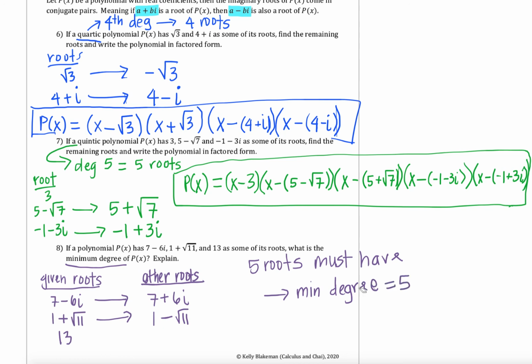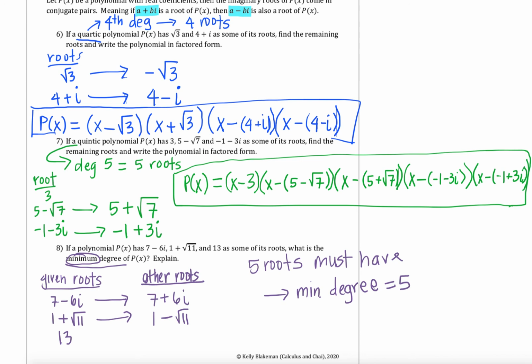And the reason is we're using not only the conjugate root theorem, but we're also using the fundamental theorem of algebra, which says that the number of roots, or the degree, equals the number of roots. And so since I have to have at least 5 roots, my minimum degree would have to be 5. Now, I couldn't find my exact degree. I could only find a minimum, because maybe there are other roots that they weren't giving me as well.